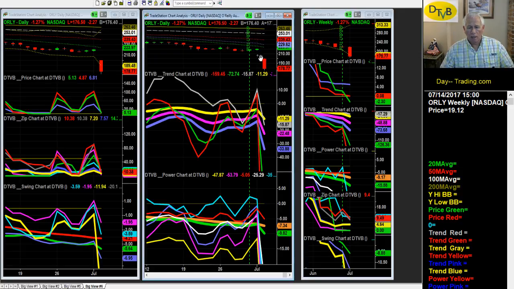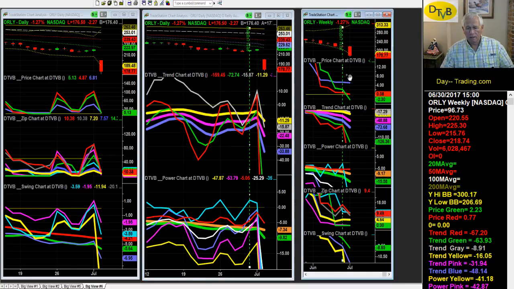And so on the 3rd of July, in between, the vertical green candle is Friday, June 30th, 2017. And this vertical green candle coincides with the vertical green candle over here on the weekly chart.